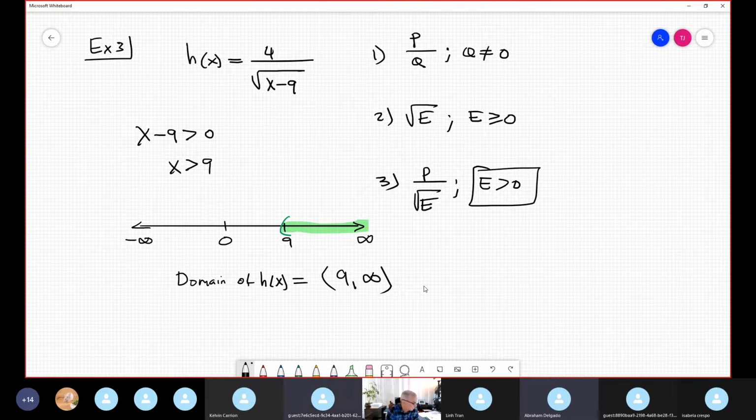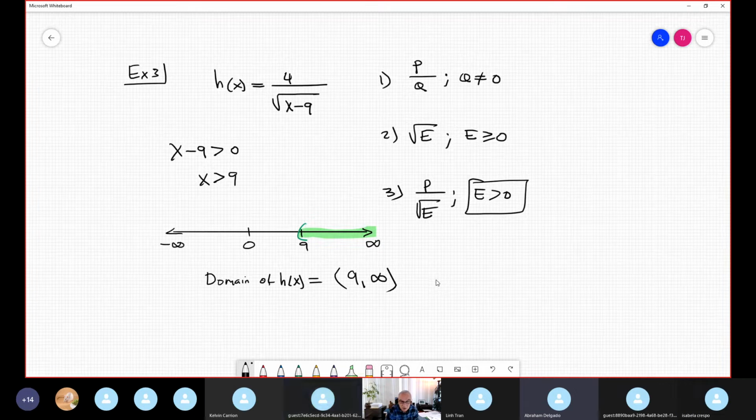You see the previous example. It is 4 divided by the square root of x minus 9. Is this example in your mind, or the one I put on the board? It's the one on the board. Number 3? I just want to know why you got rid of the 4.